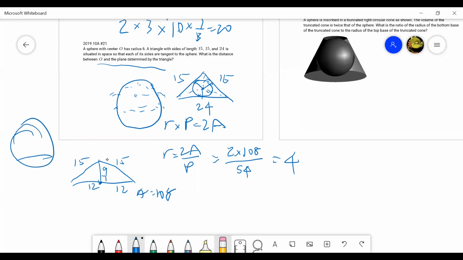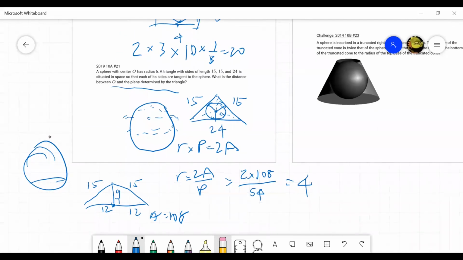If we take a vertical cross section this time of this sphere, the triangle just becomes a line, and you would see the intersection of the plane and the sphere at this vertical cross section is just a line. The property is that this chord is the diameter of the incircle.